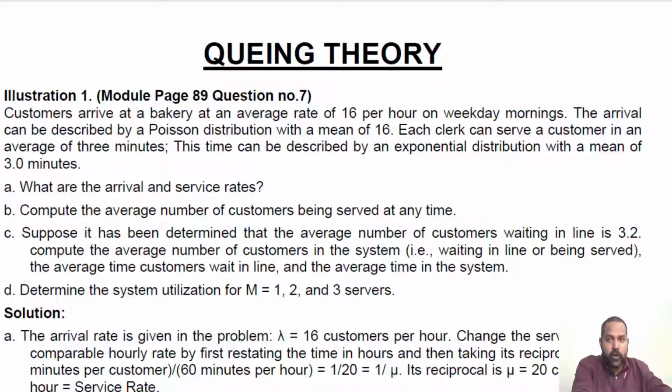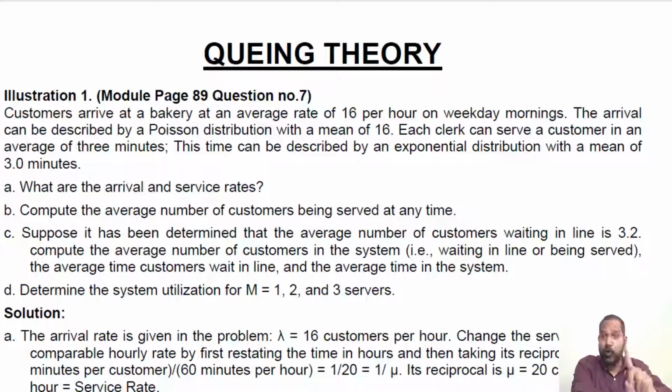Now, do you notice that arrival is given to you as a number, which is 16 per hour, but service is not given to you as a number. Service is given to you as a service time. Remember I told you that is why service is exponentially distributed, because time is exponential. This time can be described as an exponential distribution with a mean of 3 minutes.